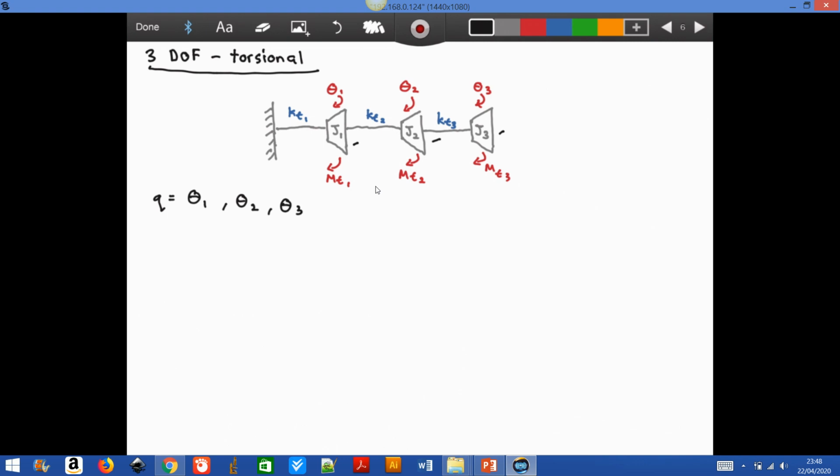And for the total kinetic energy, T is half J1 theta dot 1 squared plus half J2 theta dot 2 squared plus half J3 theta dot 3 squared.